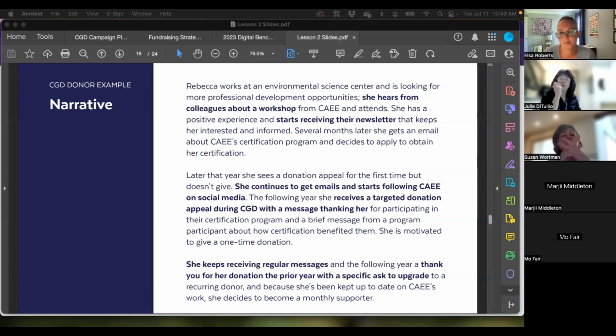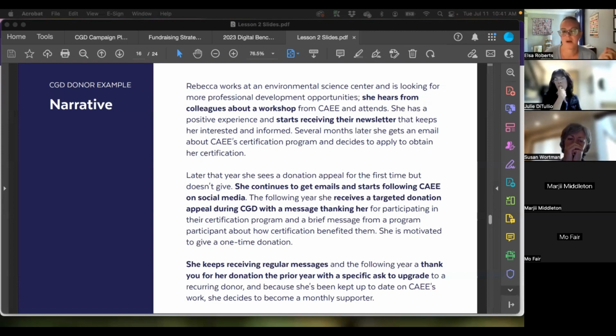This Rebecca, she attends a workshop, she decides to do the certification program. So there's a deeper level of engagement and involvement with the work of the organization that she ends up supporting. And I think that is often critical for donors, is they need to be invested. If they are just a passive recipient of emails, that's not always enough to get someone to actually convert.